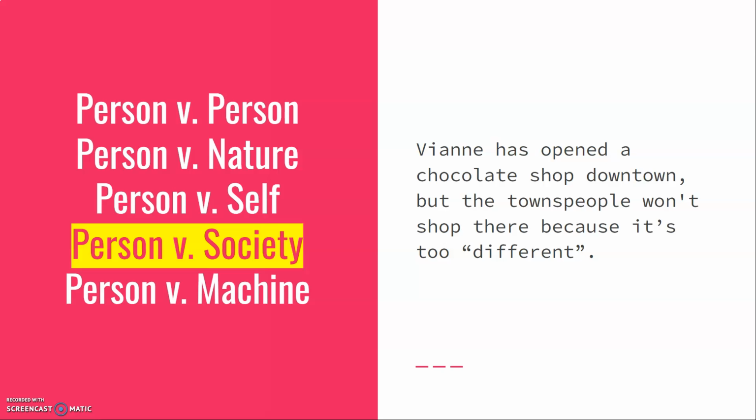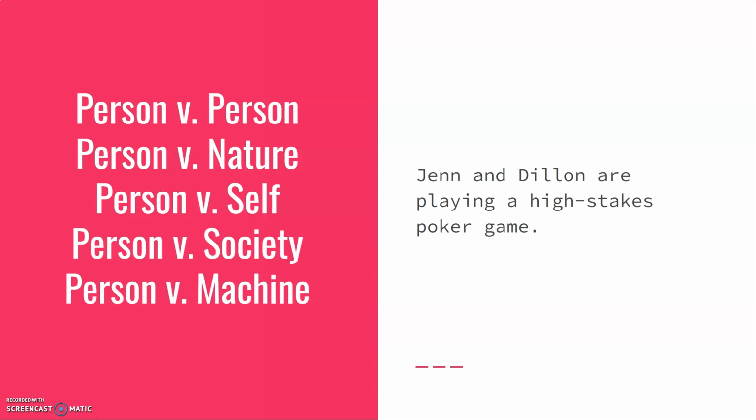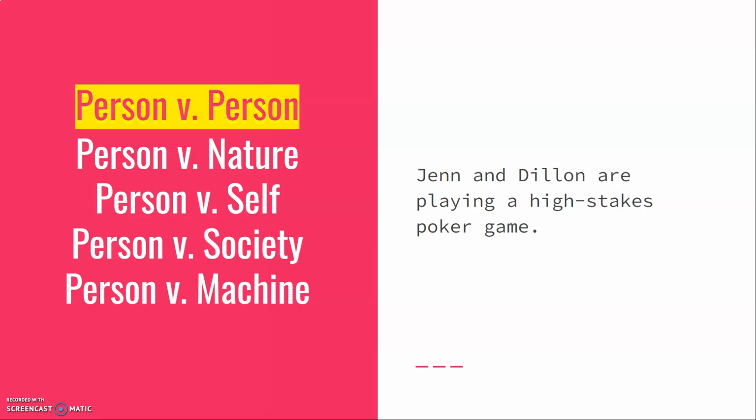So the society has come together and decided that they don't like her or what she's selling. Next question. Jen and Dylan are playing a high-stakes poker game. Person versus person, because the poker game is obviously against other people.